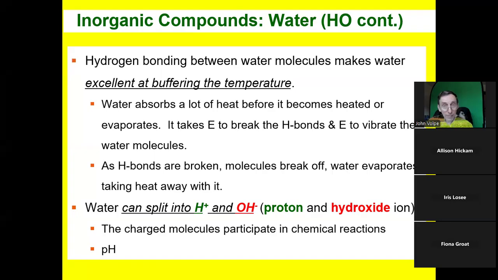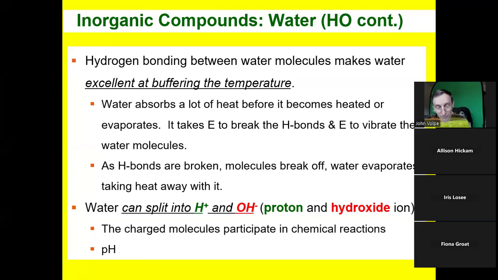Water can absorb some energy in the form of heat to break the hydrogen bonds. And so water can take some of that energy in its hydrogen bonds. And that means that the water molecules themselves will be taking less energy to lower the temperature.